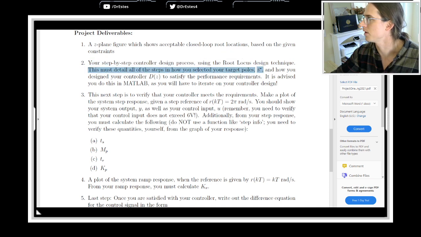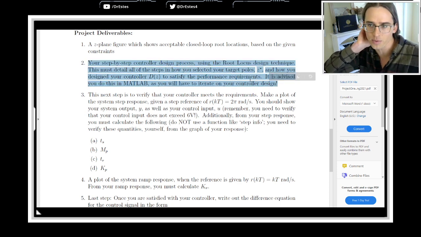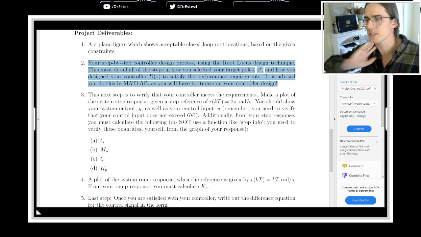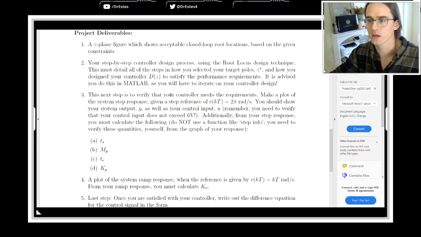Detail the steps of how you did your poles, how you designed your controller. So it's just like a longer homework assignment where I want you to show every step that you did in the process. And you have to do every step anyways. So I'm just asking you to write it down.